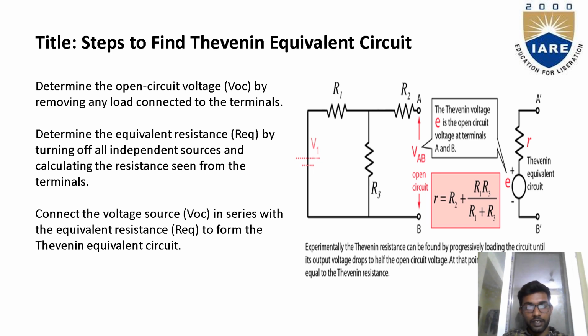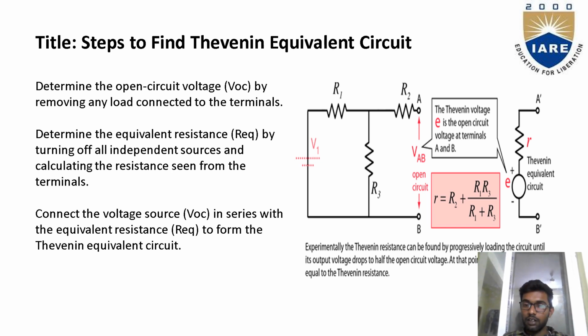First of all, determine the open circuit voltage, called VOC, by removing any load connected to the terminals. Determine the equivalent resistance by turning off all independent sources and calculating the resistance seen from the terminals. Connect the voltage source in series with the equivalent resistance to form the Thevenin's equivalent circuit.